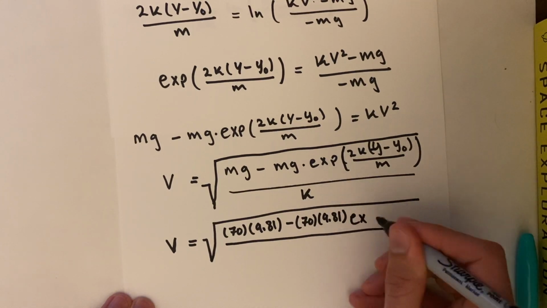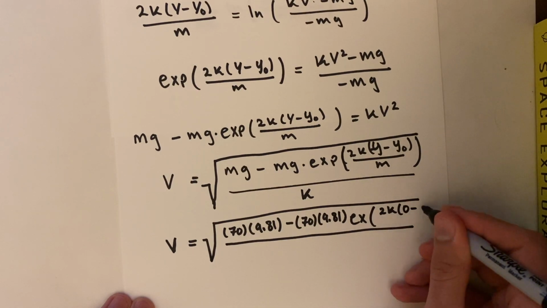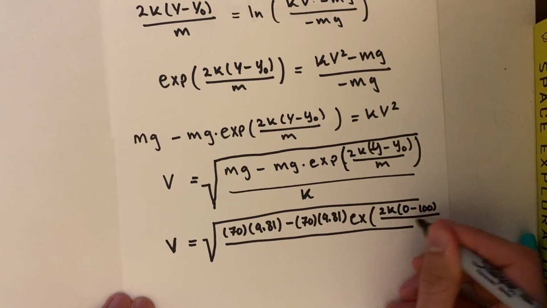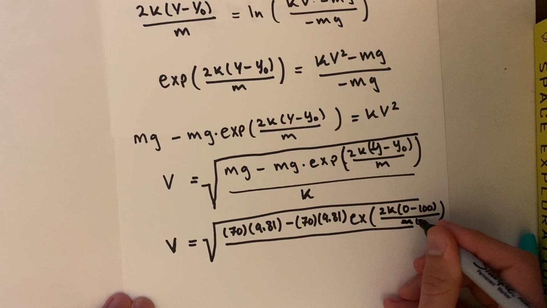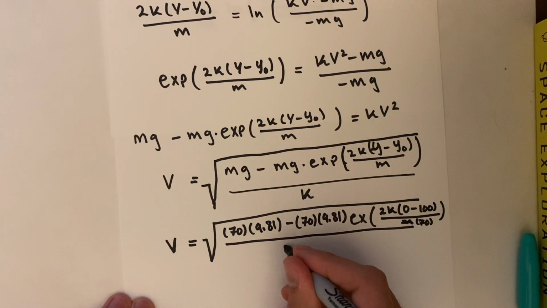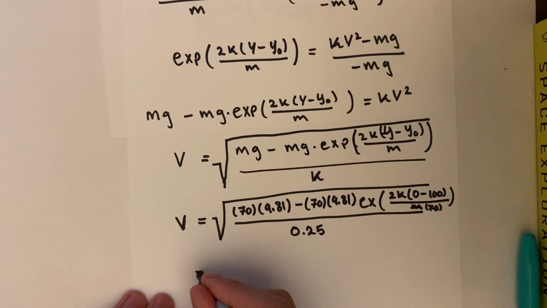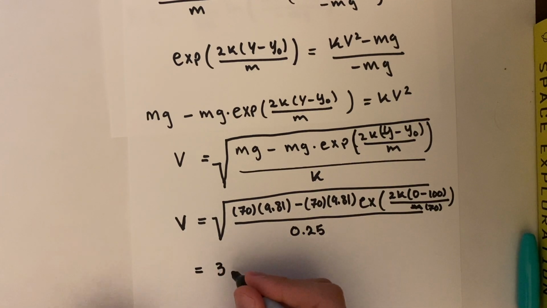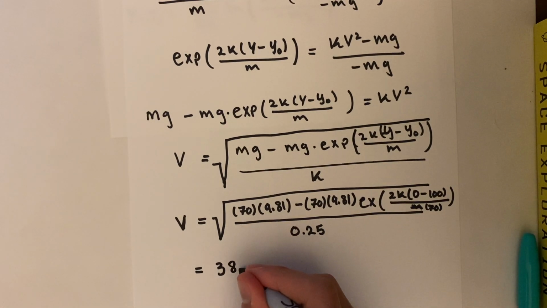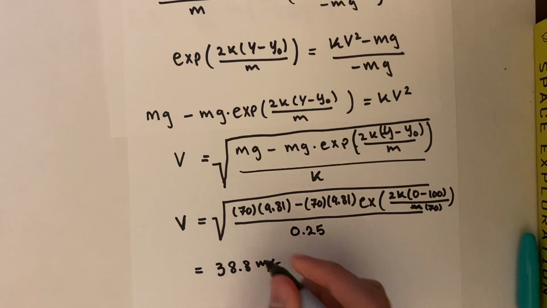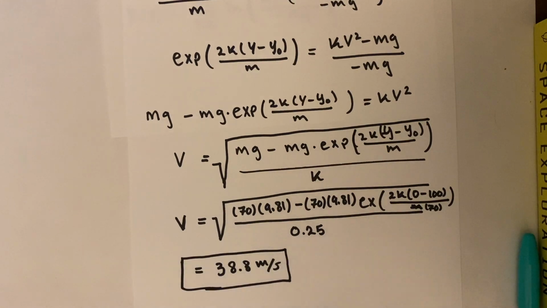Again, the exponential of 2k times (0 minus 100) divided by m, which is 70, over 2k, which is 0.25. And if you plug this into your calculator, you should get 38.8 meters per second. And that's the velocity after 100 meters of fall. And that's it.